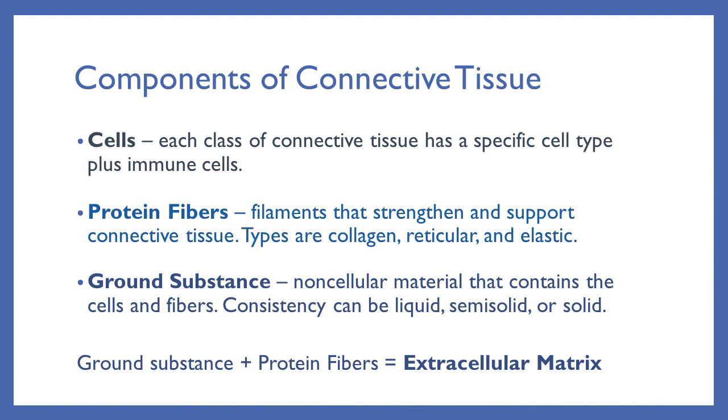A ground substance, which is a non-cellular material that contains the cells and fibers. It can be liquid, semi-solid, or solid. The ground substance plus the fibers are called the extracellular matrix, meaning everything outside of the cell that supports those cells.